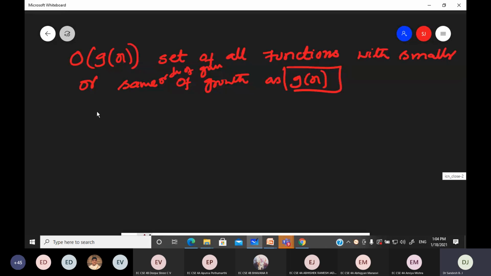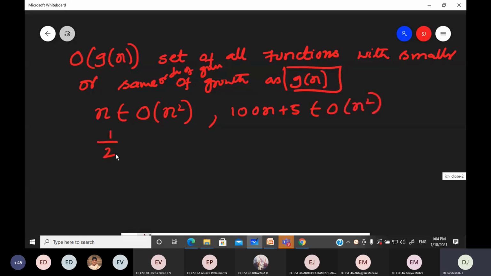Like if I say n belongs to O of n square, or 100n plus 5 belongs to O of n square, or half n into n minus 1 belongs to O of n square.